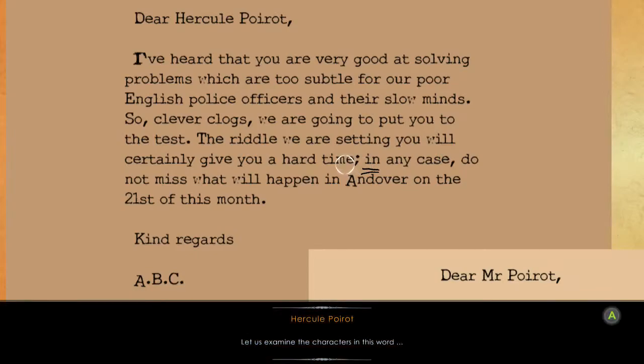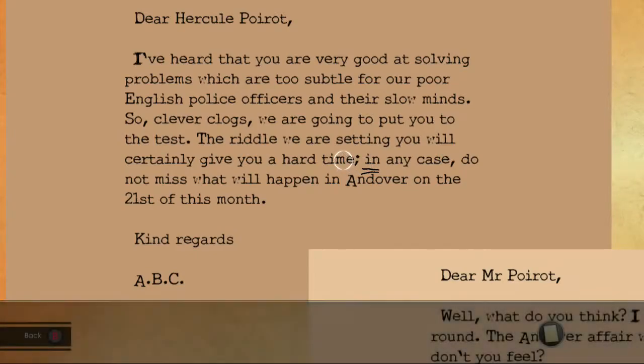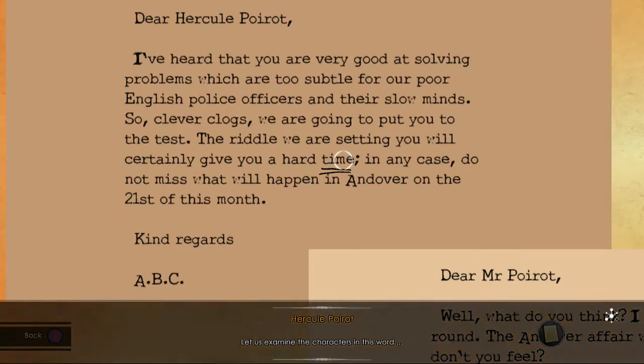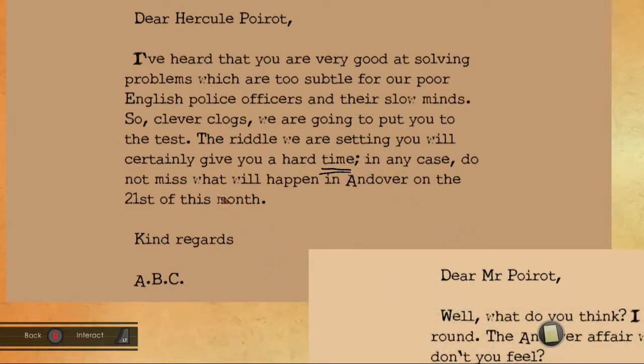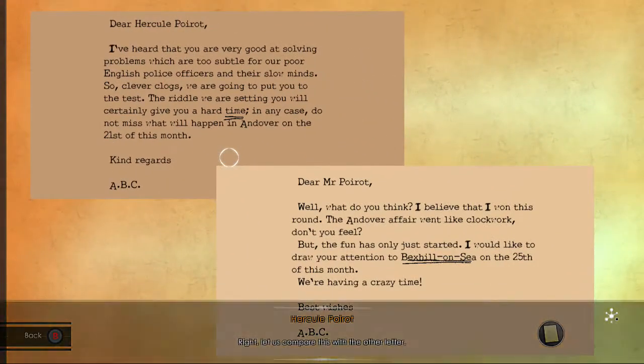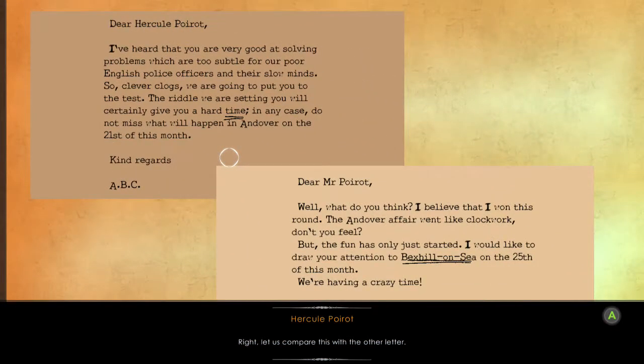Let us examine the characters in this word. Okay. Right. Let us compare this with the other letter.